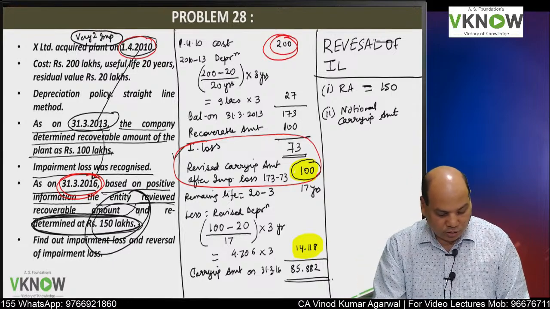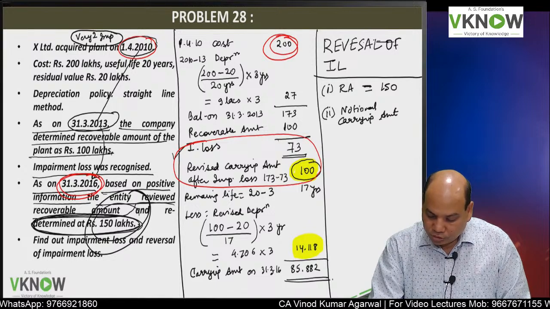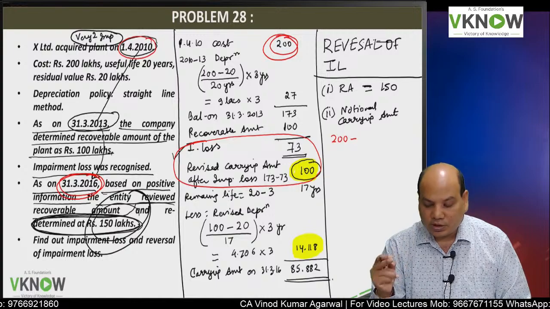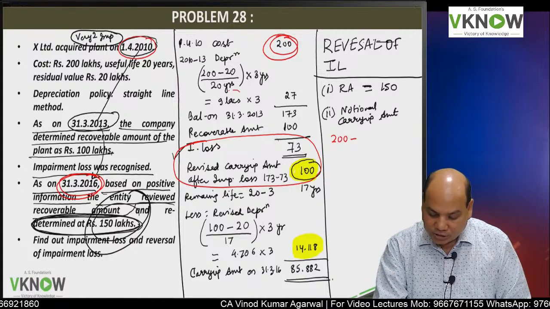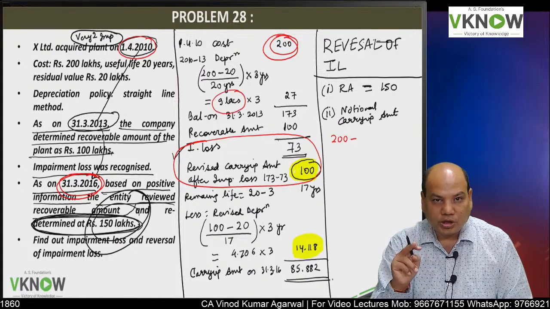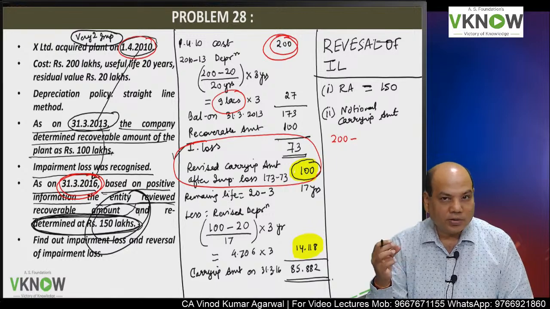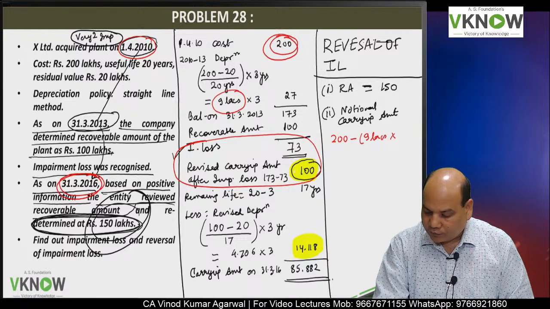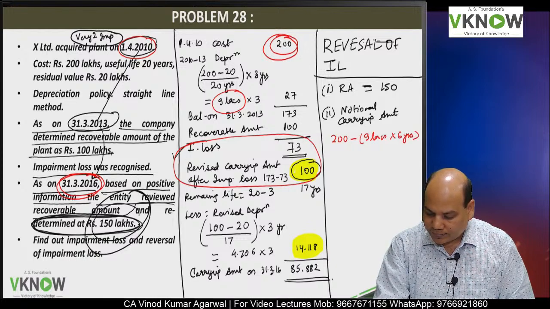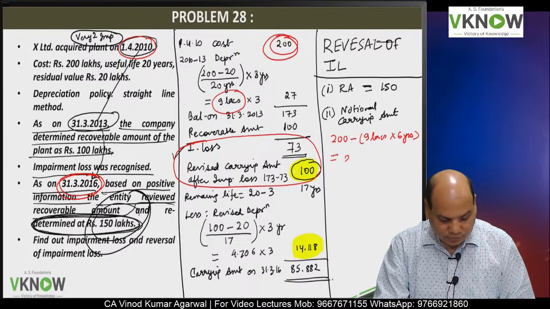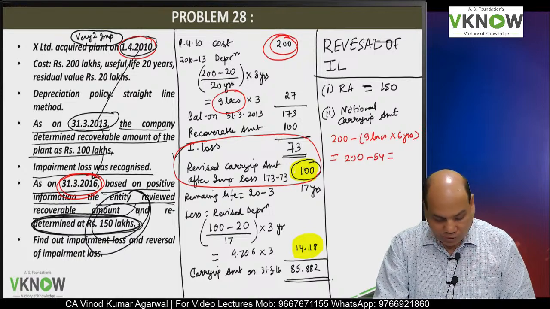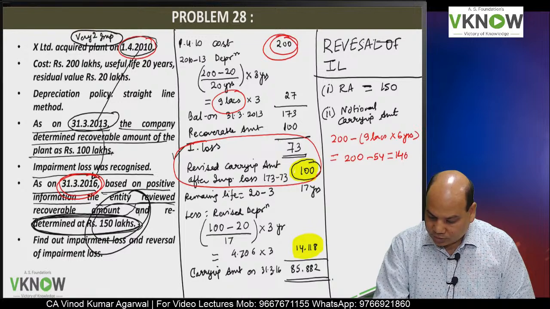So the carrying amount will be: you have purchased the asset for 200, depreciation originally 9 lakh, assuming that the same depreciation you will provide 9 lakh for 6 years. So that is equal to 200 minus 54 is equal to 146 lakh.